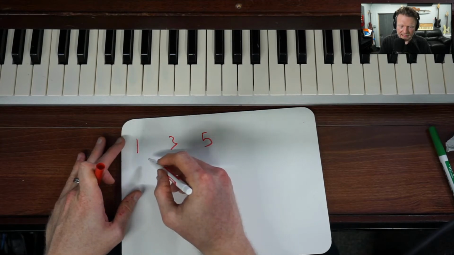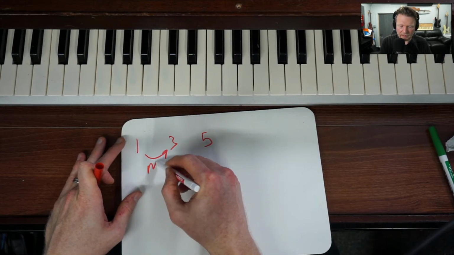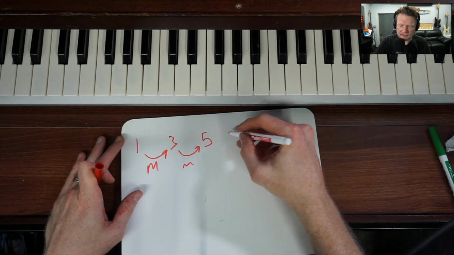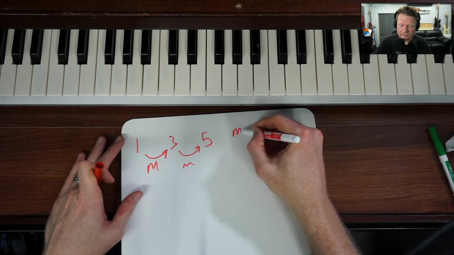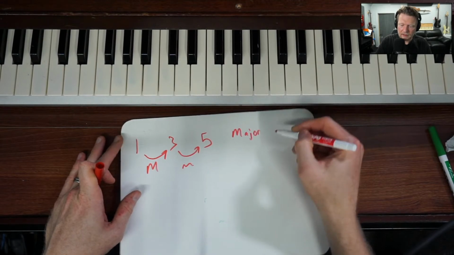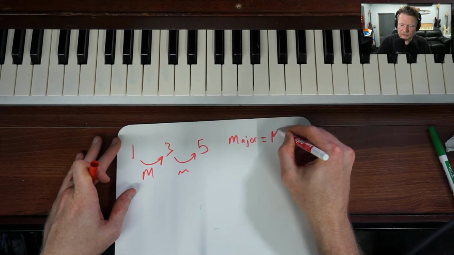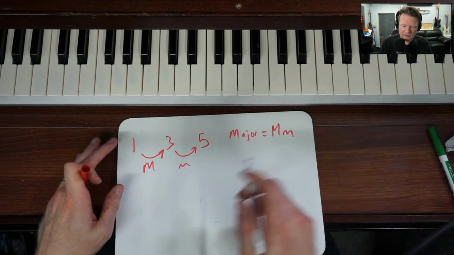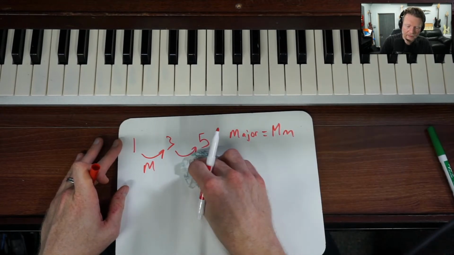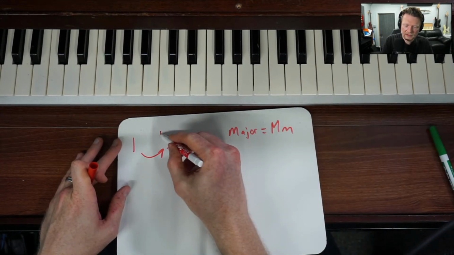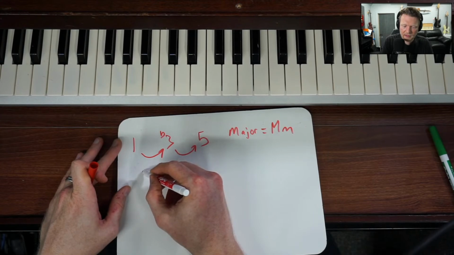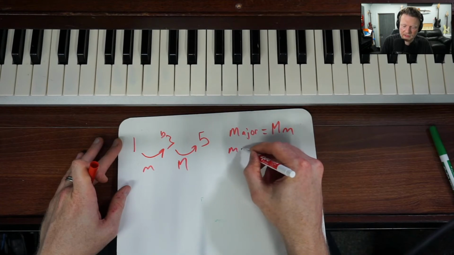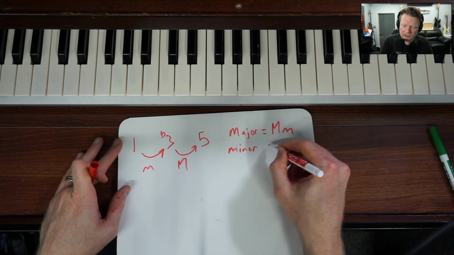A major chord is equal to a major third and a minor third, big M, little m. Now the minor chord is going to be the flat 3. It is equal to the minor third and the major third. We already discovered this, the minor triad.